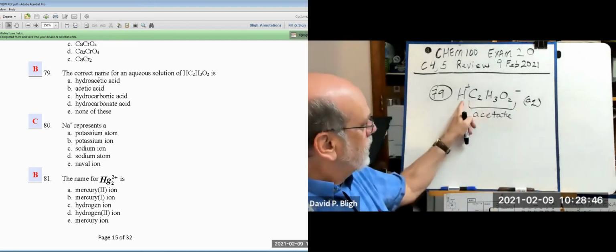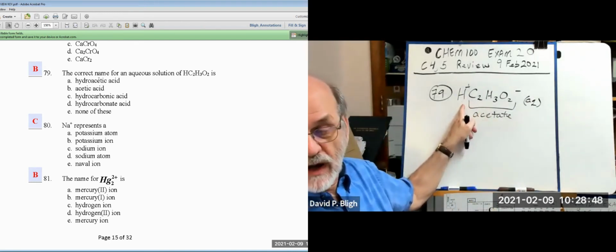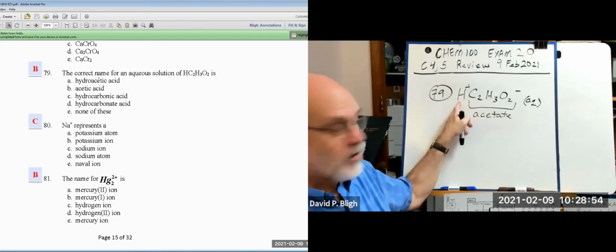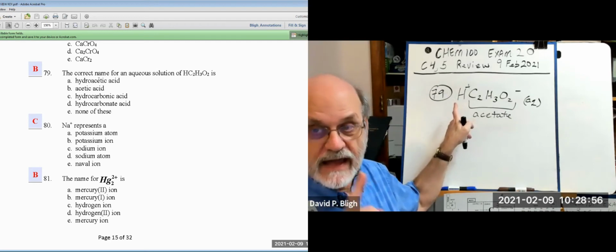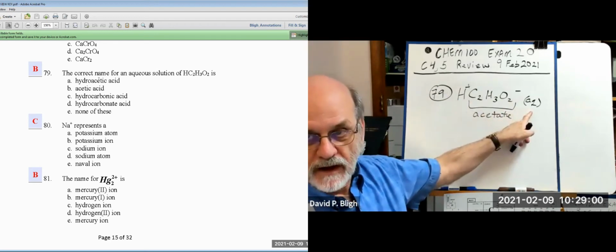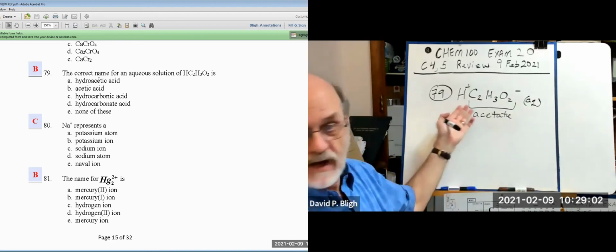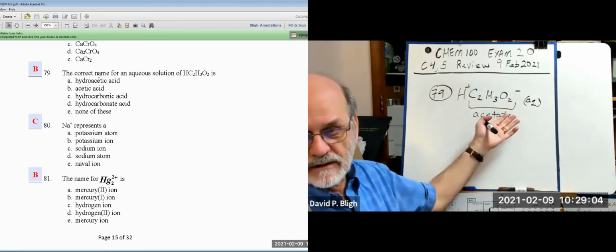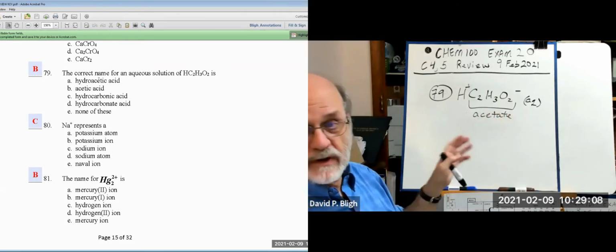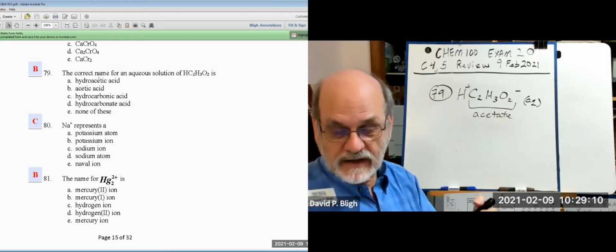Because it has a hydrogen here, 1 or more hydrogens first. That identifies it as being an acid, or potentially an acid. Naming convention for acids, if you put it in water. If you don't put it in water, it's just hydrogen acetate. But if you put it in water, then you use the acid naming convention.